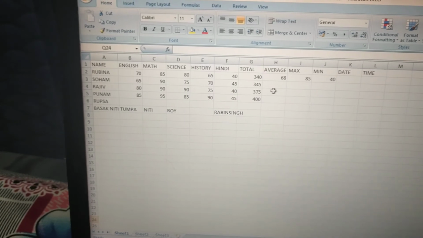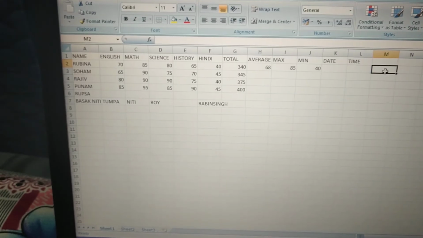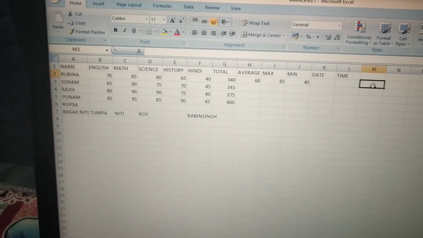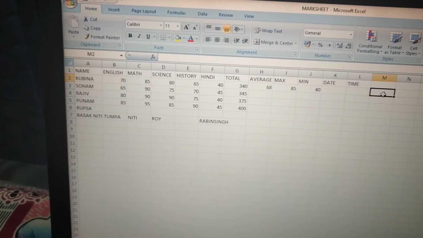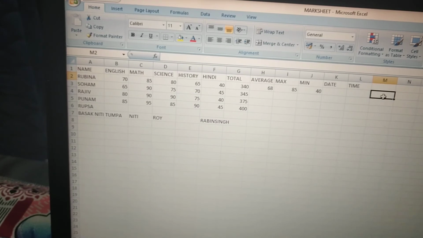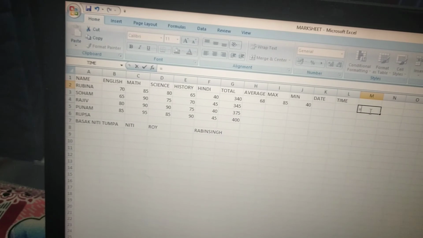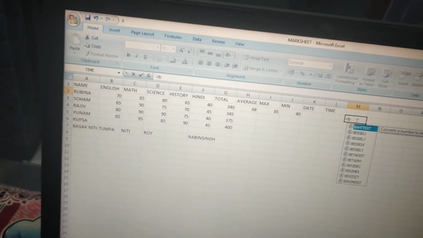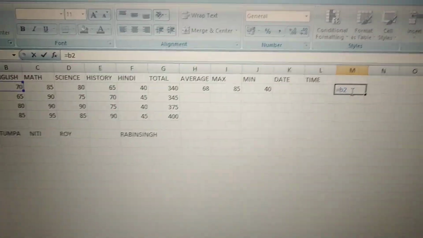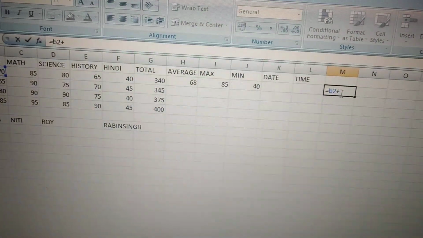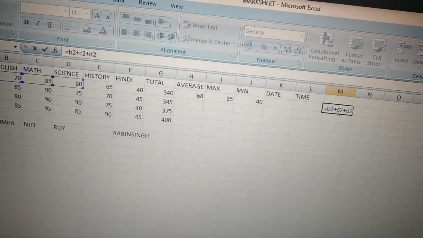Suppose I will write here the marks of Rubina in English, math and science. So I have to add B2, C2 and D2. Is equal to B2 plus C2 plus D2.